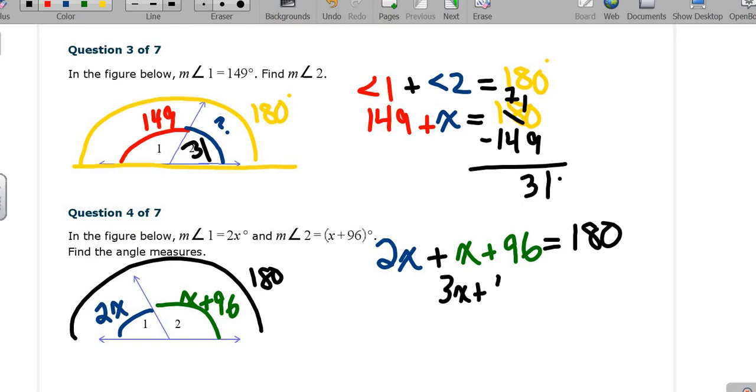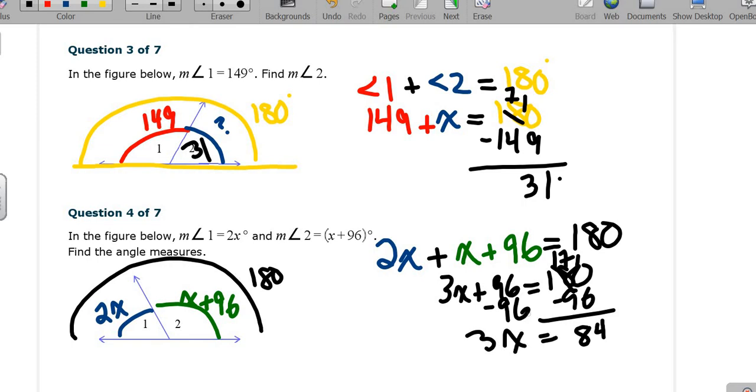Three x plus 96 equals 180. Minusing 96 from both sides. So I have 3x equals 84. And I get x equals 28.